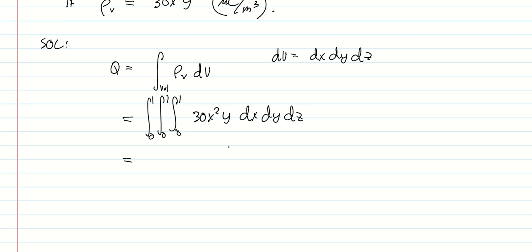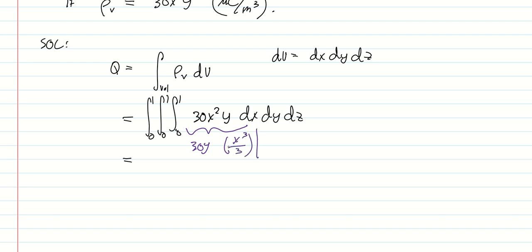Let's take dx first. What is the integral of this with respect to x? 30y is just a constant, and the integral of x squared is x cubed over 3.